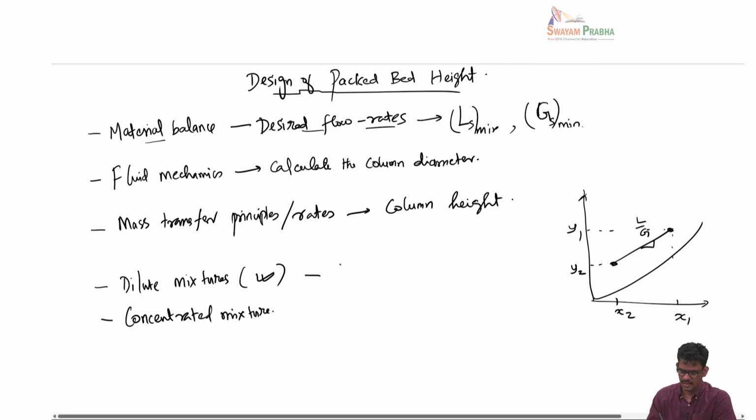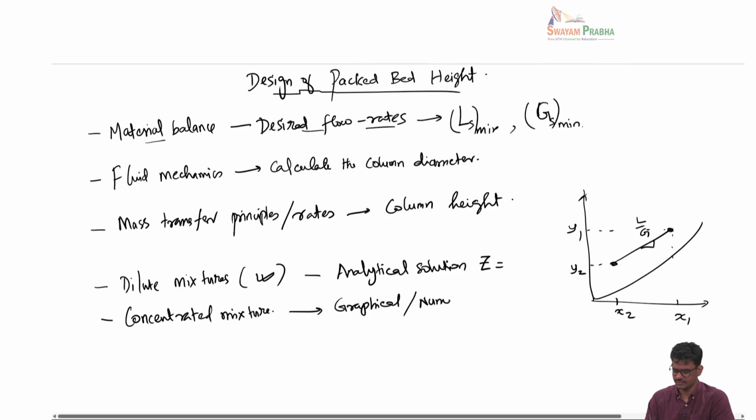So here analytical solution is possible. That means we'll have a formula, we can plug in the details and then we can get the column height Z. Okay, so this is an analytical formula. Whereas in the case of concentrated mixture, we will use either a graphical approach or a numerical approach to calculate Z.